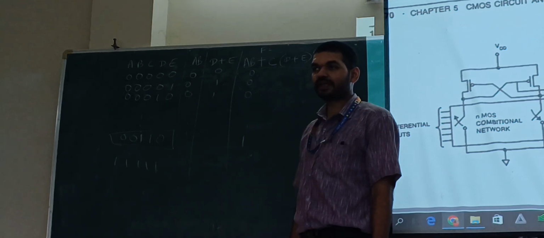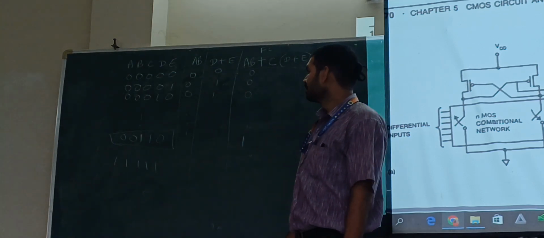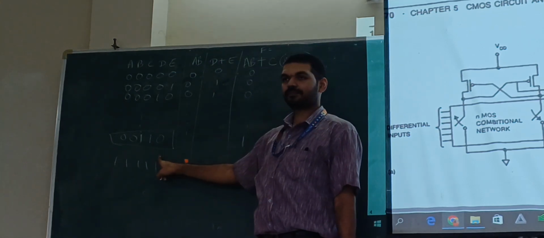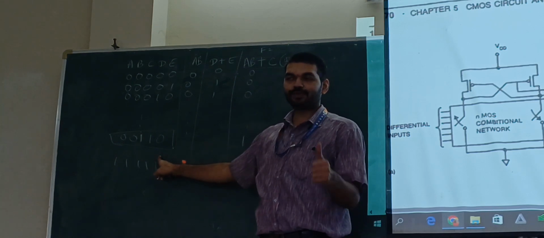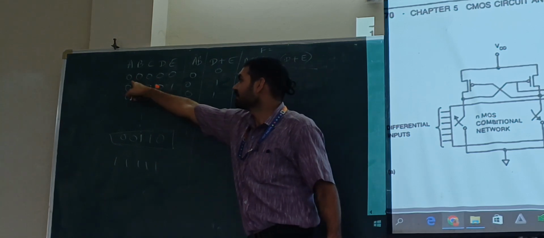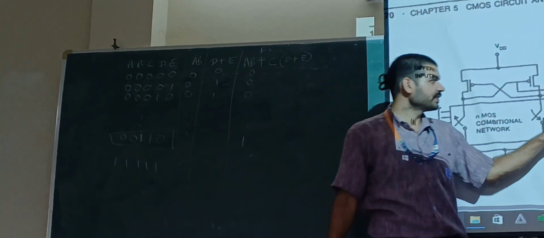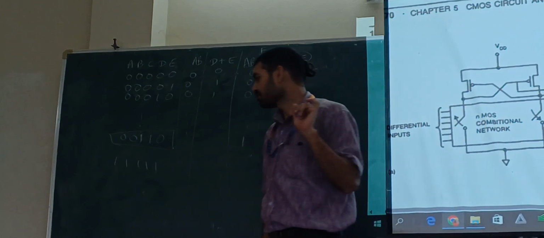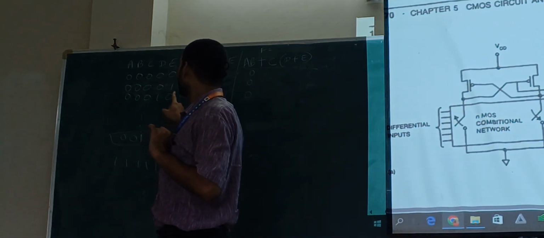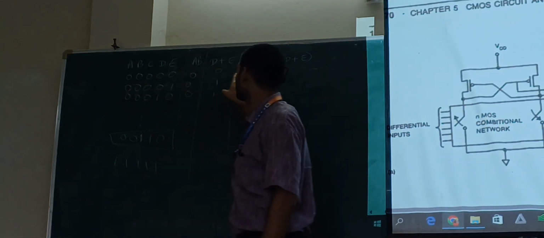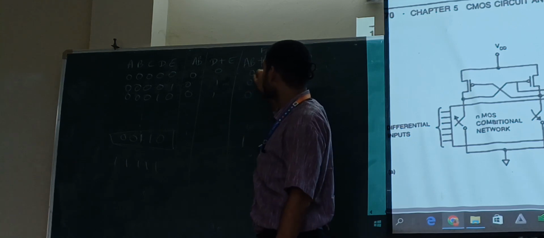What I am trying to say is, take any combination. Initially, what combination did we take? We took all zeros, and by taking all zeros, we got the answer as 0.